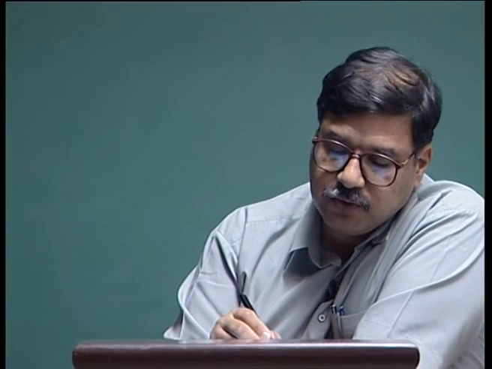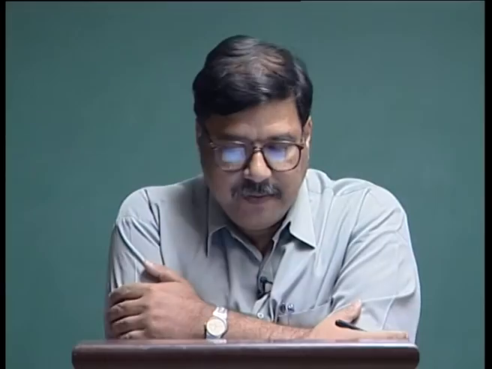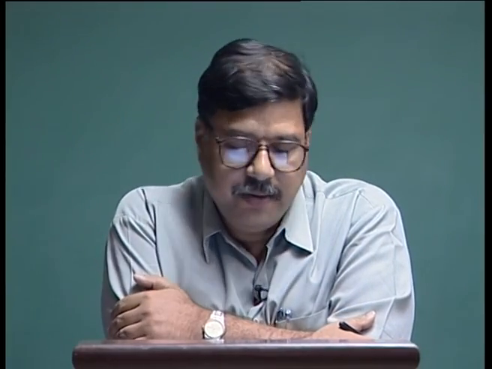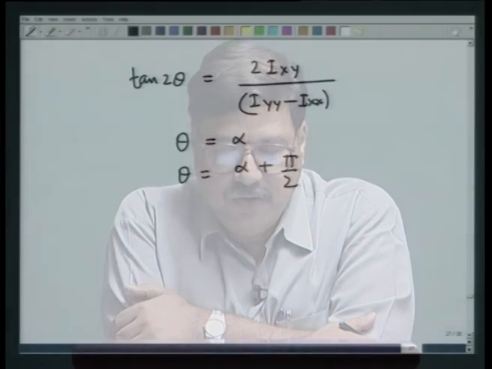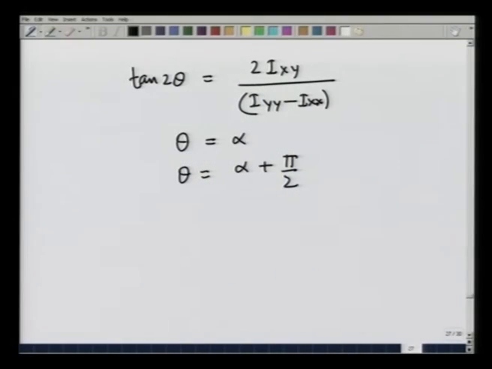This equation has two solutions. Suppose one of the solutions is theta equals alpha, then theta equals alpha plus pi by 2 is also a solution. So, by rotating by angle alpha, I maximize or minimize the moment of inertia about that particular axis. You can show that about the axis at alpha plus pi by 2, it will be the other way. If it maximizes at alpha plus pi by 2, it will minimize at alpha, and vice versa.